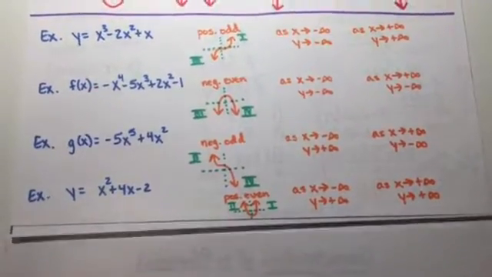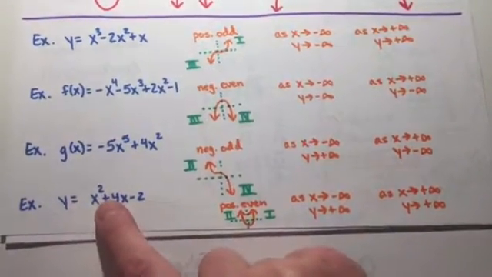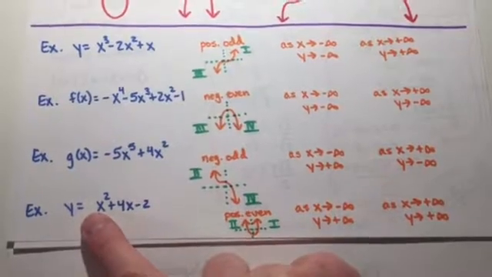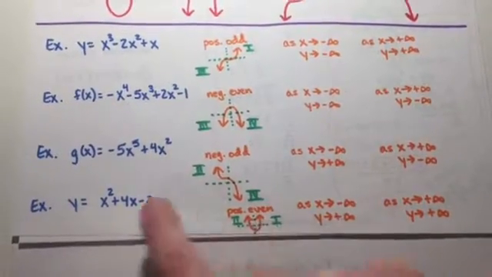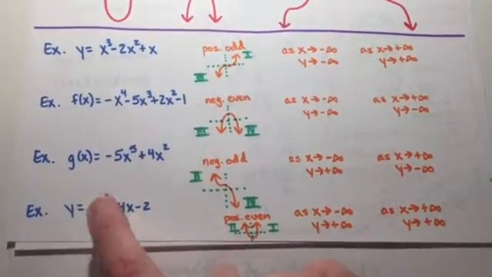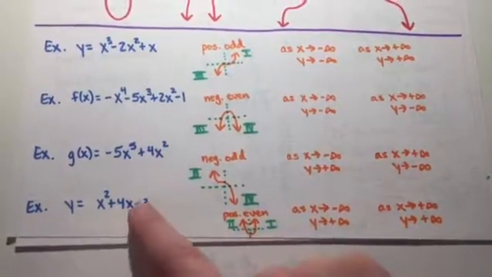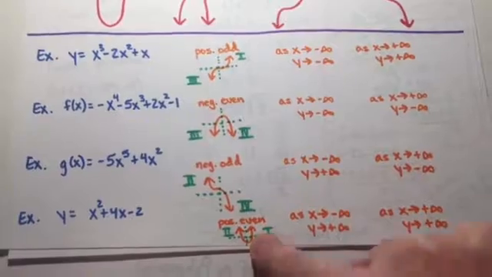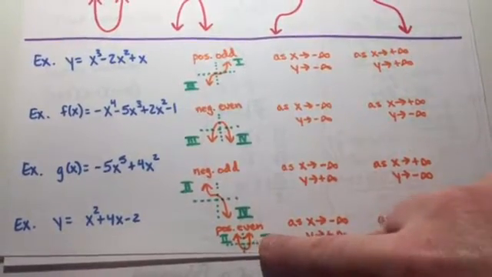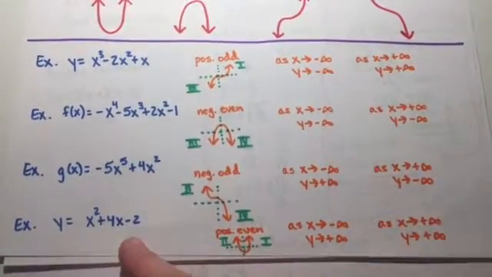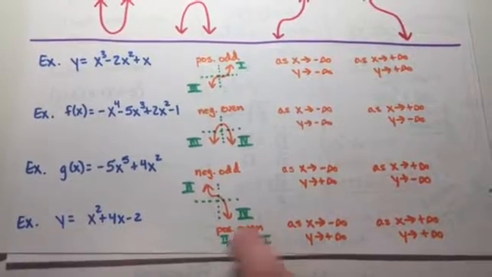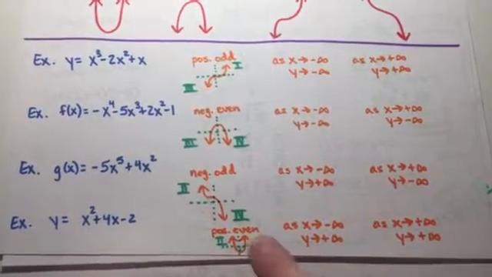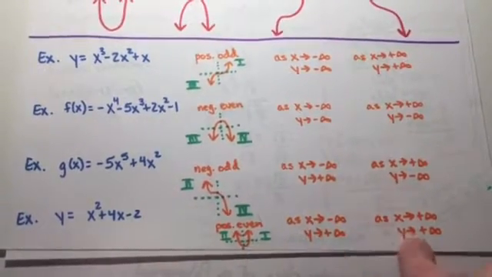And then there's one more example. I have a positive even function. So I need to describe this one, and it is quadratic, so that just now threw me off, but it would behave like a positive even function, which is like a positive quadratic graph, and it is quadratic. This is just not the exact graph of this one, but we can use this to write out our end behavior.